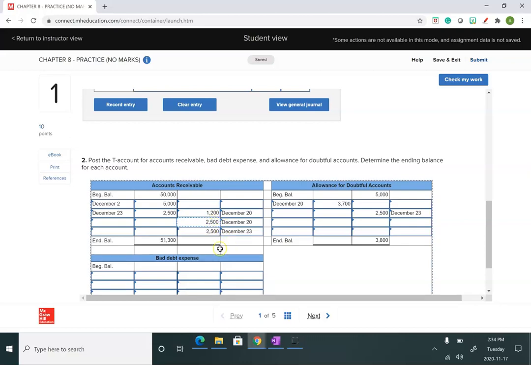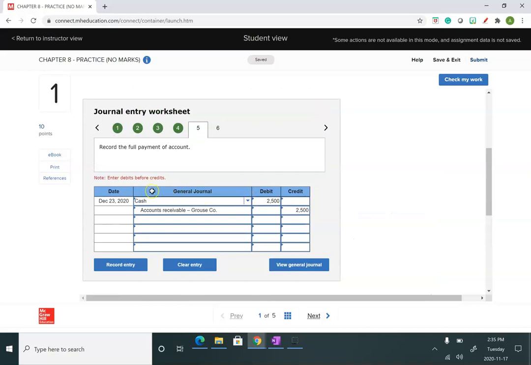So if you see the progression of that 2,500, we took it out and put it in here, and then when we reinstated it, we took it back out of here and put it back into accounts receivable, and then when they paid it, we took it out again. So it was like in and out and in and out and then in and out. Crazy. Okay, so let's record that entry.